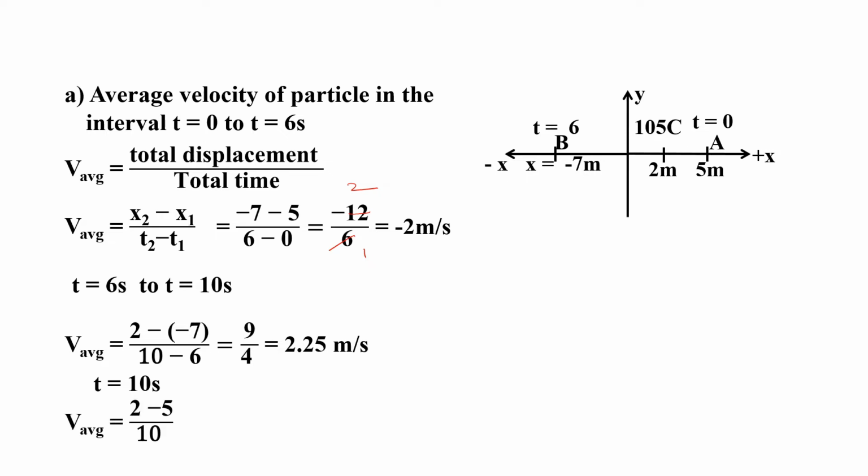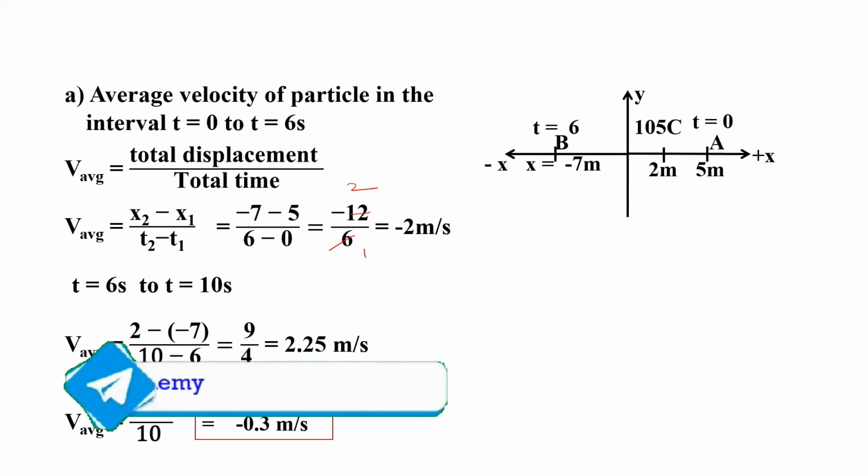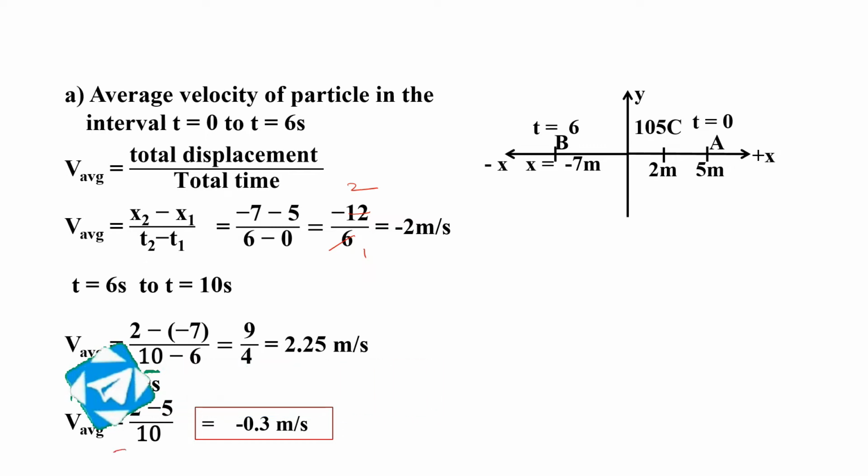V average, that is average velocity, equals 2 minus 5 by 10, that is equals minus 3 by 10, nothing but minus 0.3 meters per second.